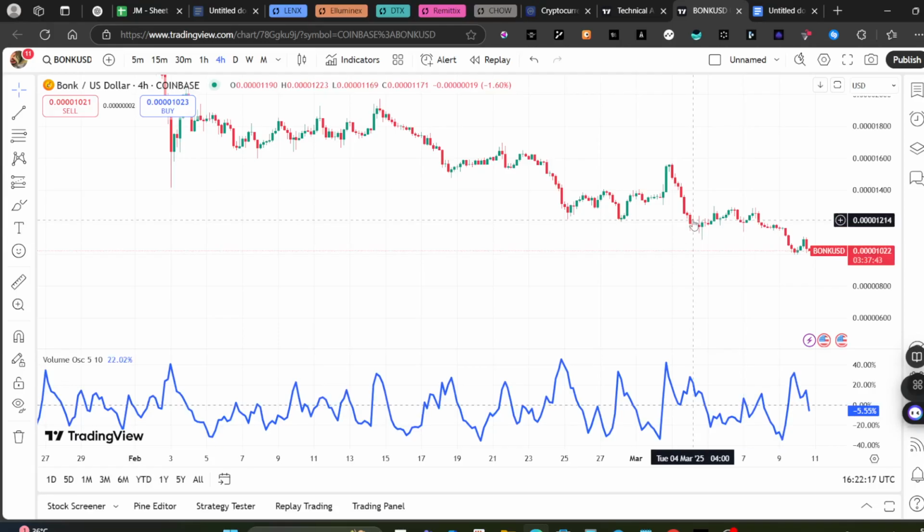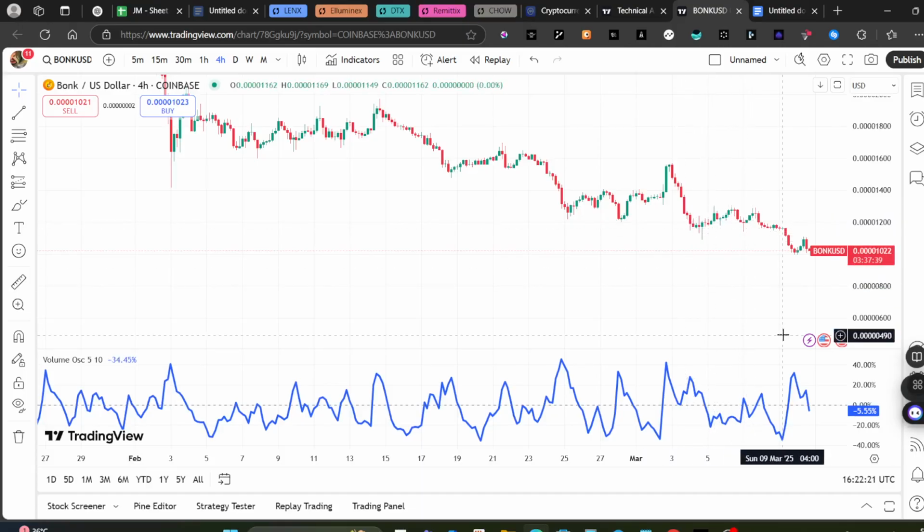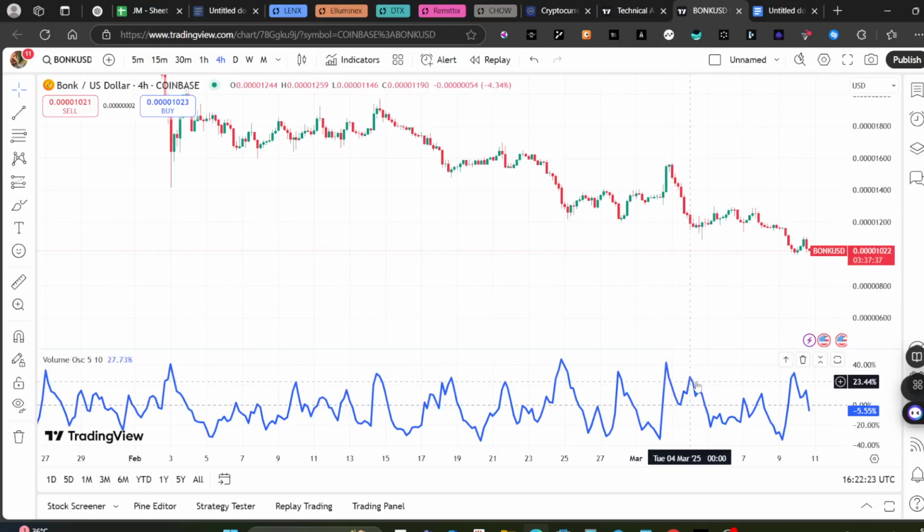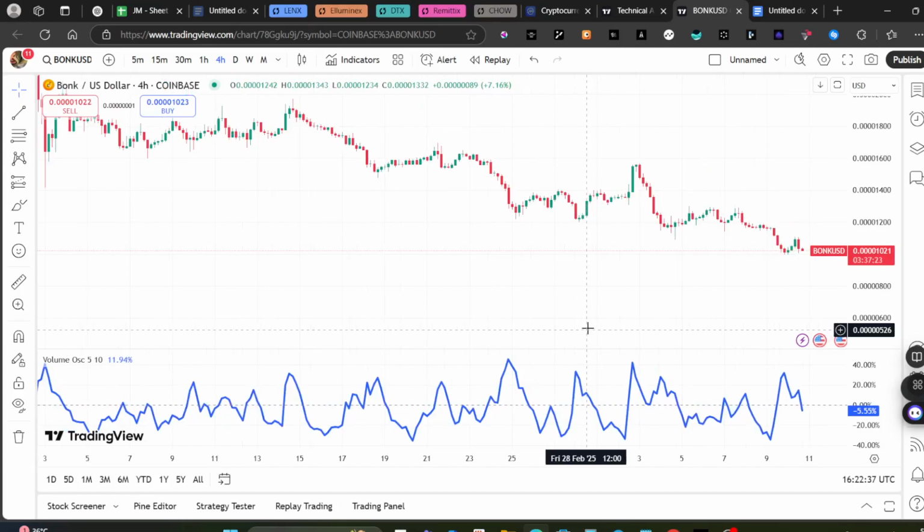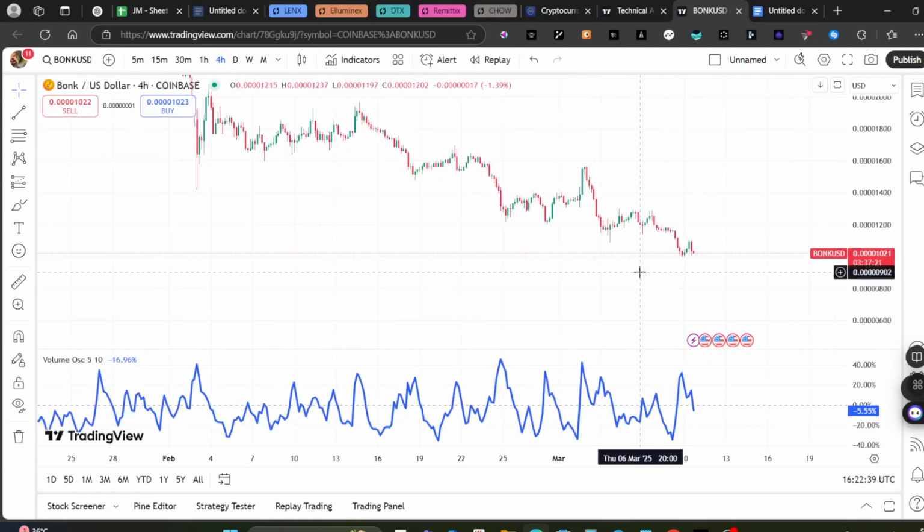The second mistake is ignoring market context. A rising volume oscillator does not always mean a strong trend. So you have to check whether the volume increase is happening in the right context, like a breakout or a pullback. Ensure that you check out for those. It's very important.